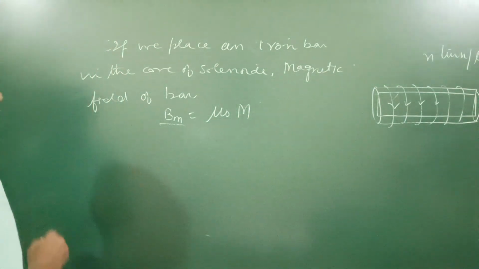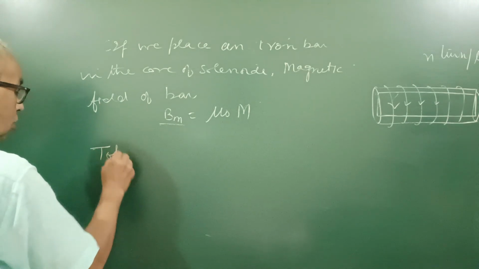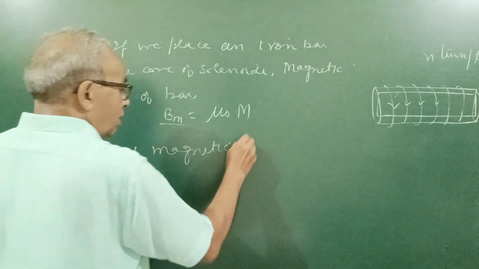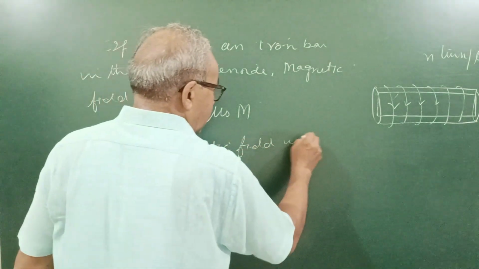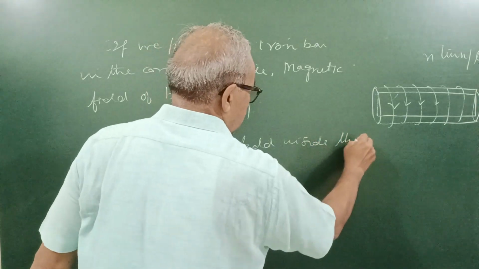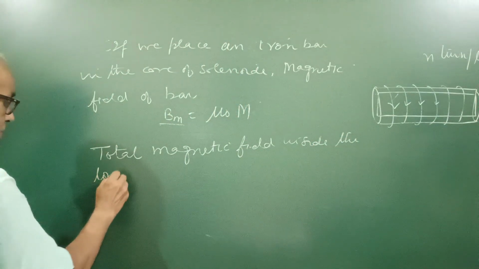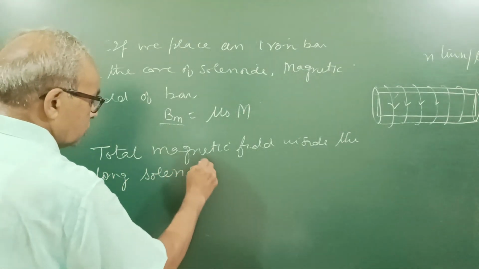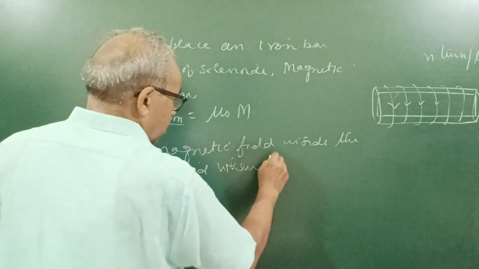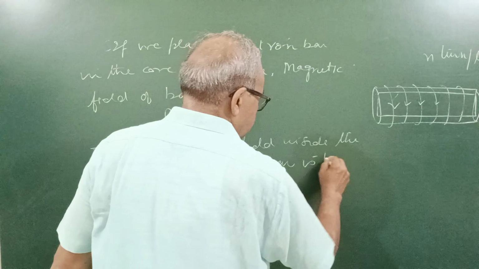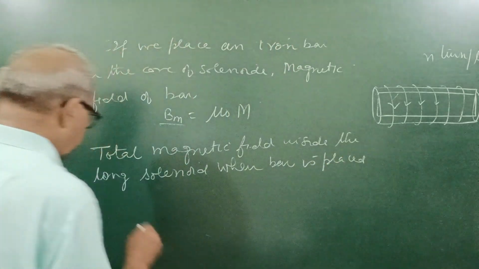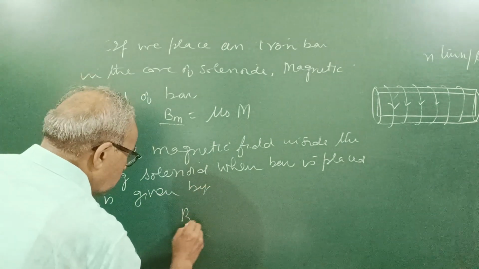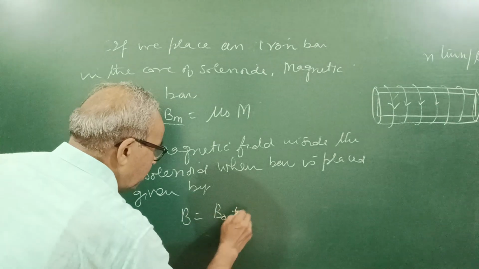So total magnetic field inside the long solenoid when bar is placed is given by B equal to B0 plus BM.